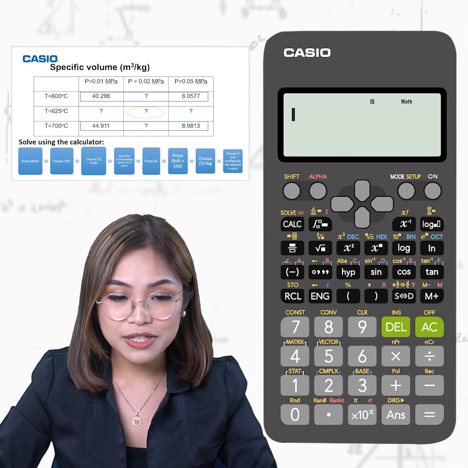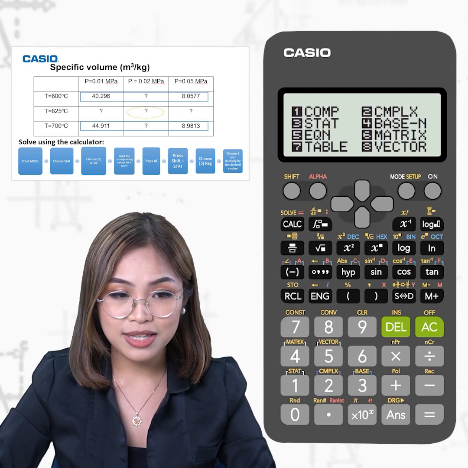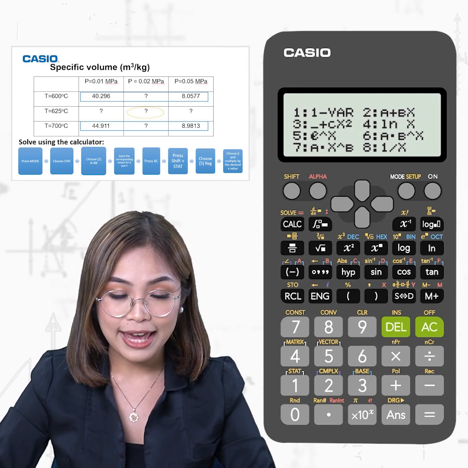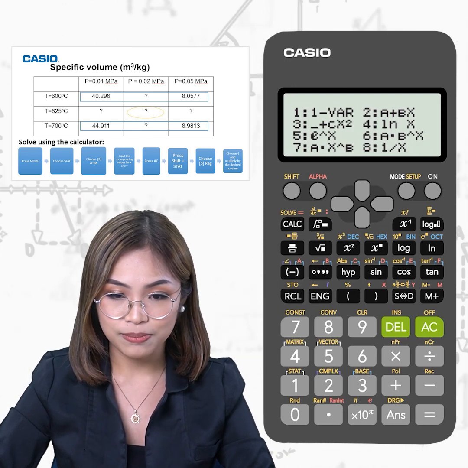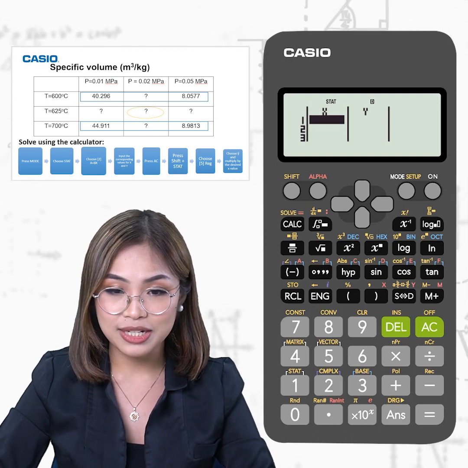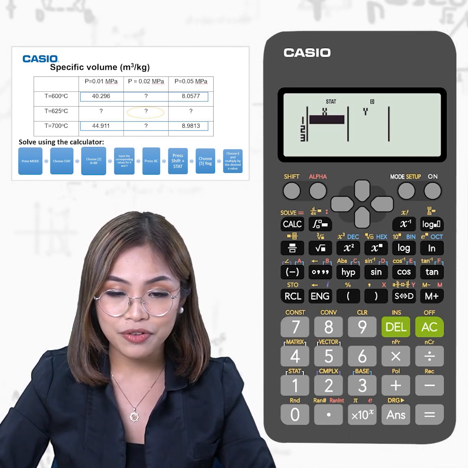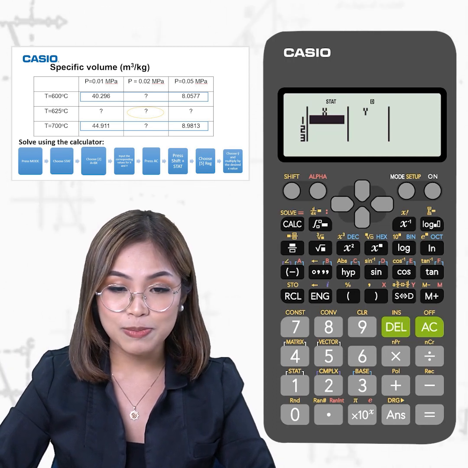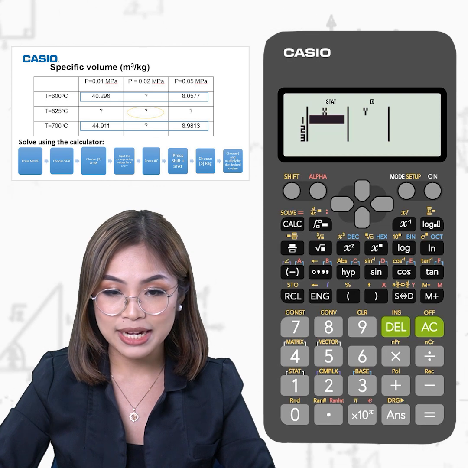First, press Mode and then choose 3 Stat and then choose 2, A plus BX. Now, we are first interpolating for T equals 600 degrees Celsius. So, for P equals 0.01 MPa, we have a specific volume of 40.296.